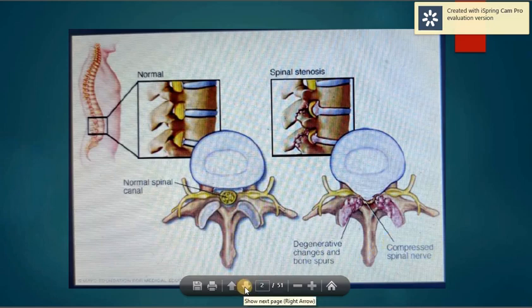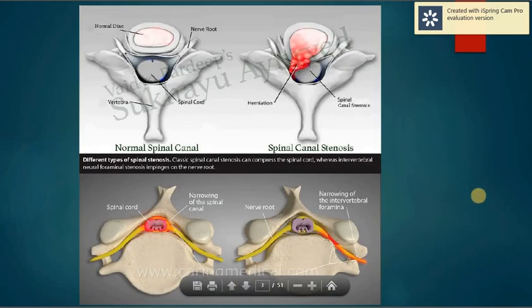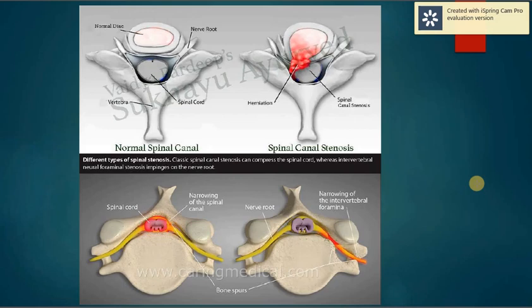So this is the normal, and this is the difference between the normal and the stenosed canal.